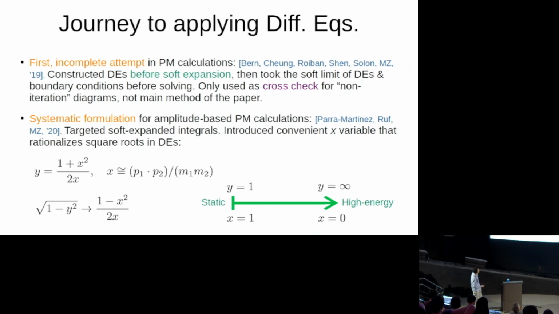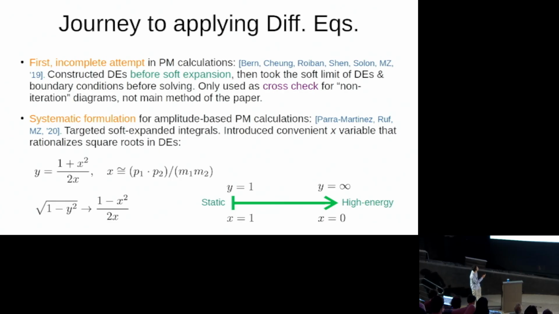Just a little bit of a historical side note. Back in 2019, we published the third post-Minkowski order calculation, which finally obtained the next order after Westphal in 1985. There was an incomplete first attempt of using differential equations.